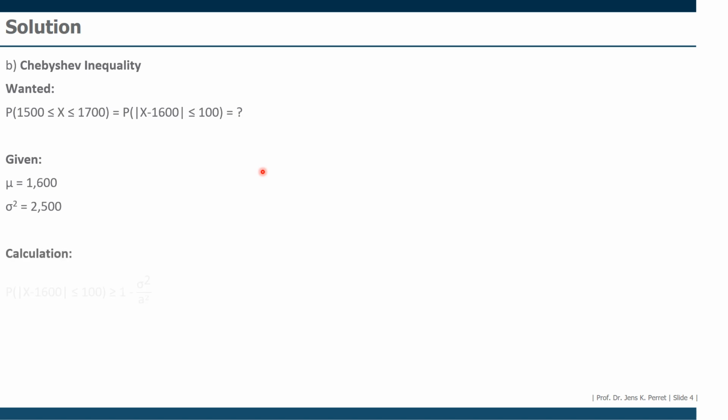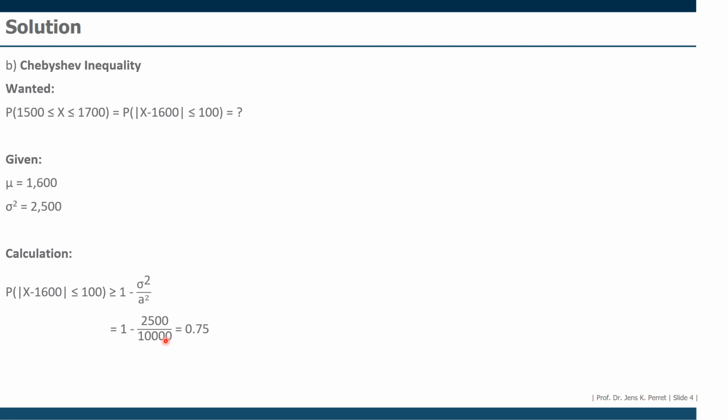Using those two values, I can apply Chebyshev's inequality, which in this case is simply this probability will be larger than 1 minus variance divided by this deviation squared. So in this case, I'm going to go with 1 minus 2,500 divided by 100 squared.